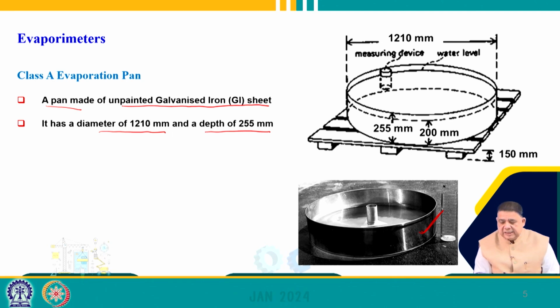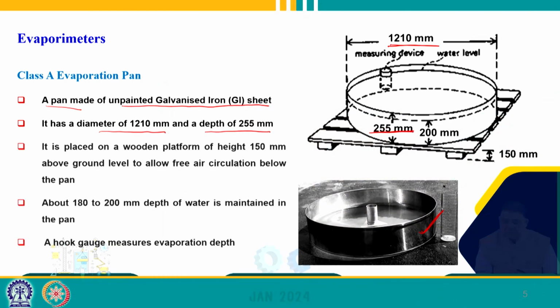That is the standard one has to adopt while fabricating a Class A evaporation pan. That is, its diameter has to be kept equal to 1.21 meters, and its depth is 255 millimeters.